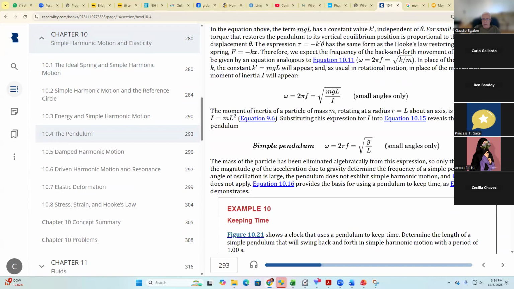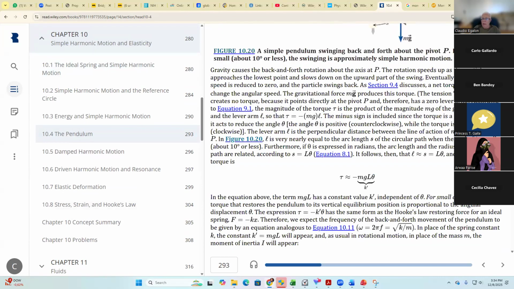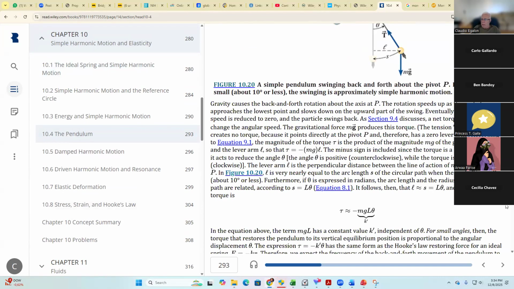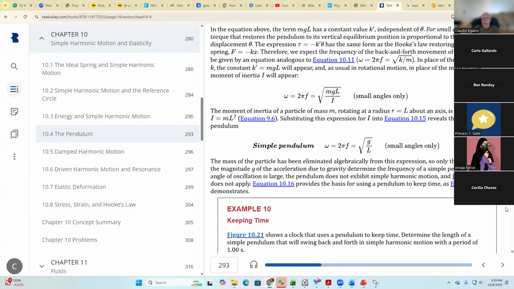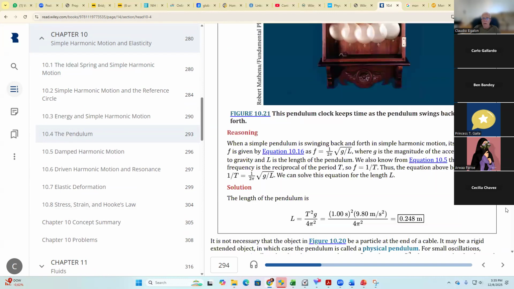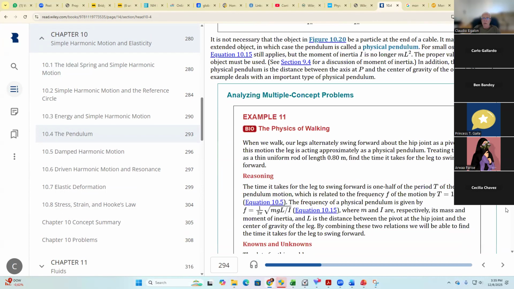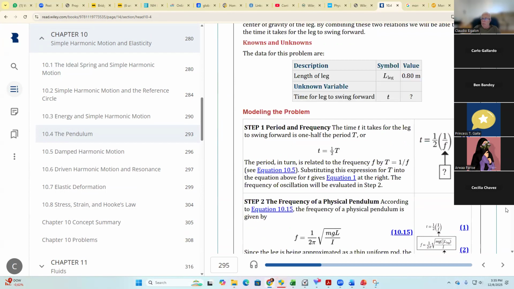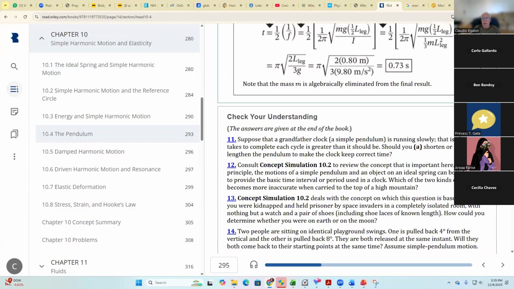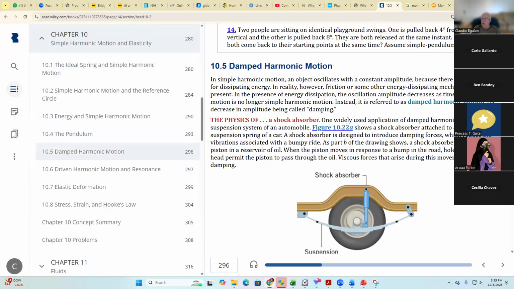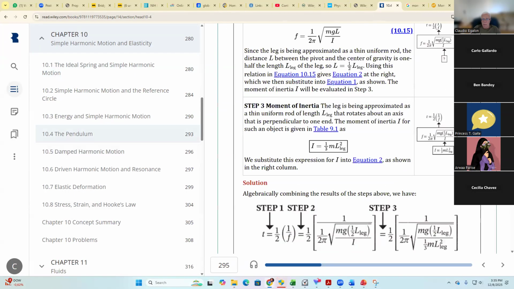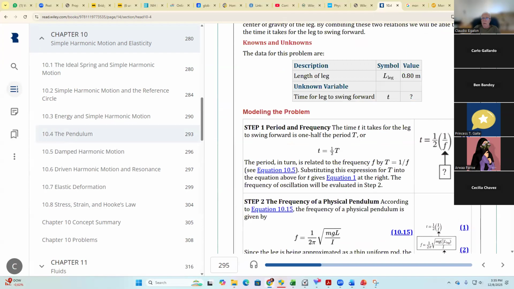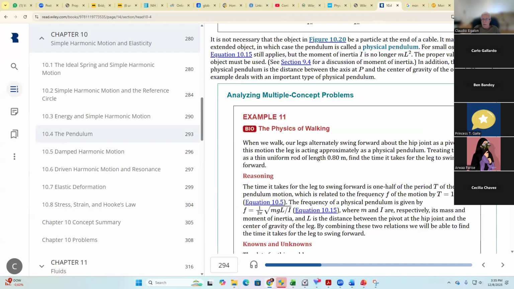Let's see if he did the physical pendulum. Yeah, he did a simple pendulum, but not the physical pendulum.